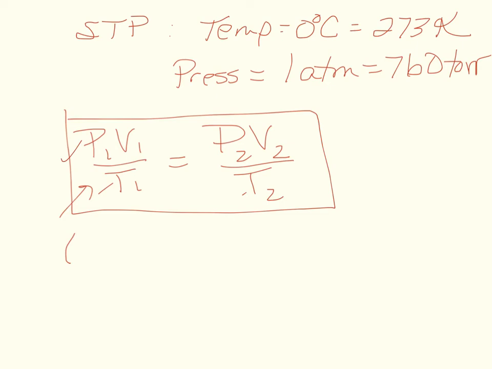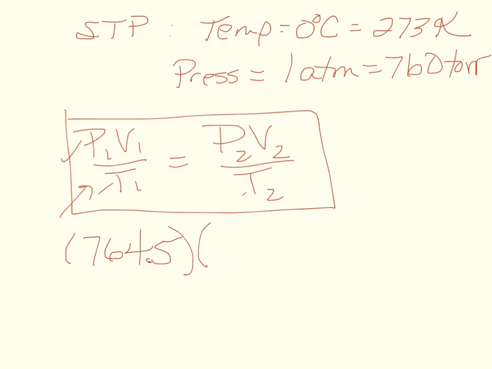However, the question asks us for the pressure of just the dry hydrogen. So P1 is going to be the pressure that we just found for dry hydrogen. The answer key has the total atmospheric pressure. So P1 is 764.5 millimeters of mercury, or torr.